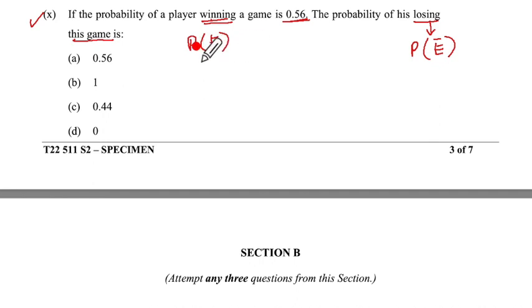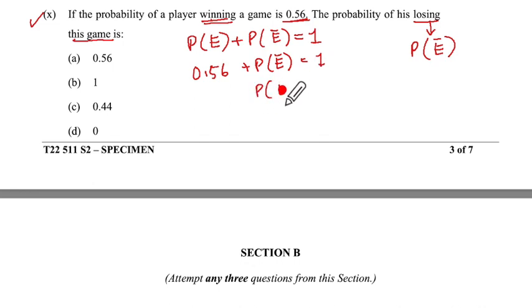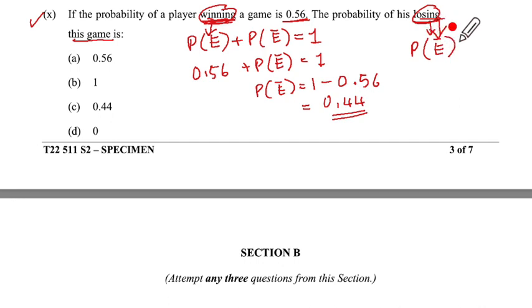Remember, the probability of the event plus that event not happening is equal to 1. So if the probability of the event is 0.56, then the probability of the event not happening is going to be 1 minus 0.56. Okay, so when he doesn't win, he is losing. So winning is the probability of the event and losing is the probability of that event not happening. So the correct option is this. Okay, so not bad, right?